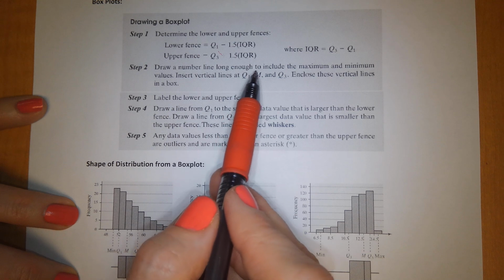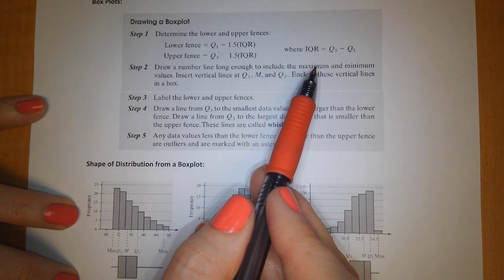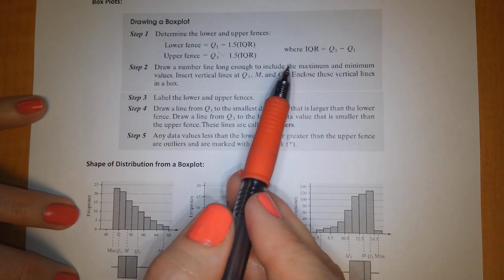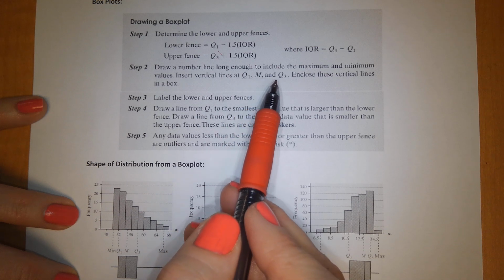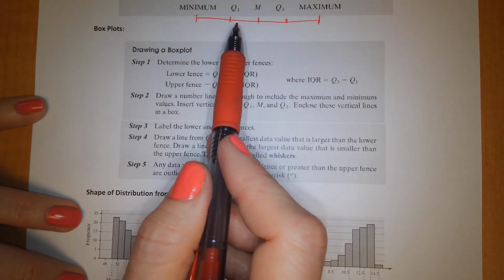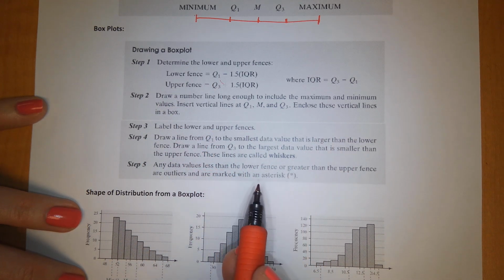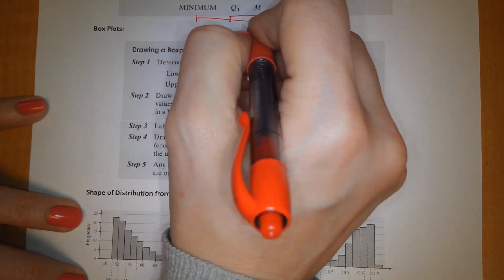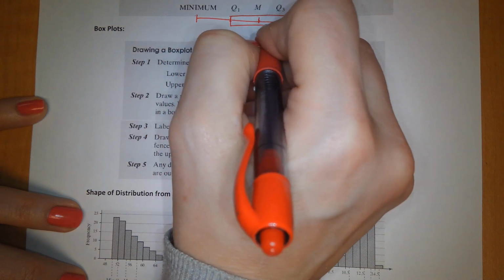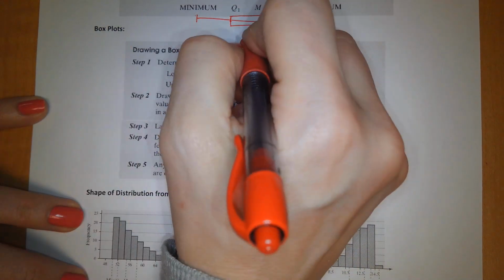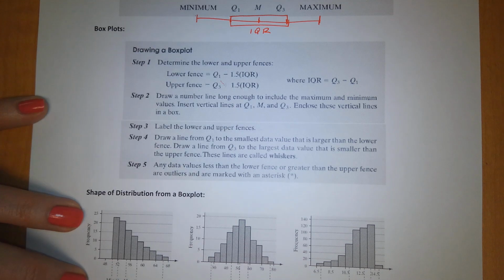Then we'll draw a number line that is long enough to include both the minimum and the maximum. We'll insert vertical lines at each of the quarters, similar to what I just did up here. Then we'll enclose these vertical lines in a box. Between Q1 and Q3, we'll enclose these in a box because this is what is actually your IQR.